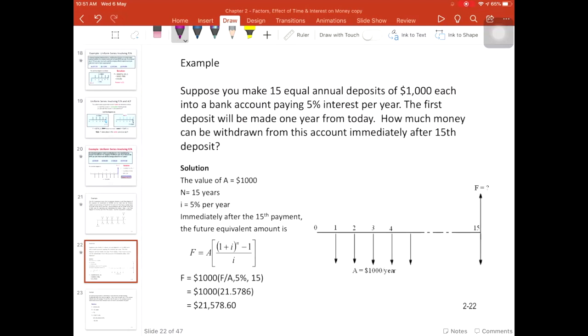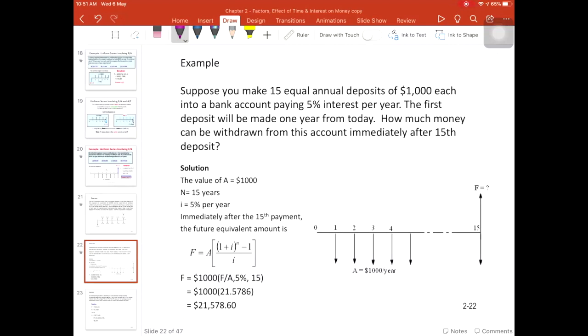Suppose you make 15 equal annual deposits of 1,000 ringgit each into a bank account paying 5% interest per year. The first deposit will be made 1 year from now. How much money can be withdrawn from this account immediately after the 15th deposit?